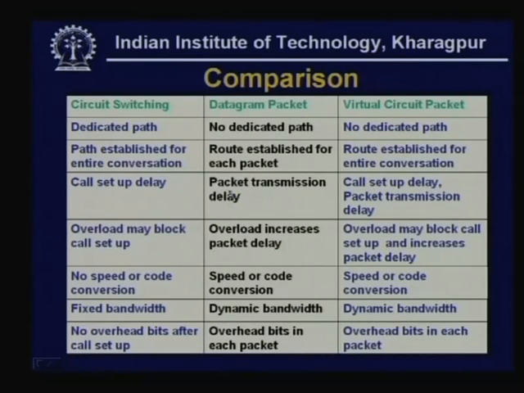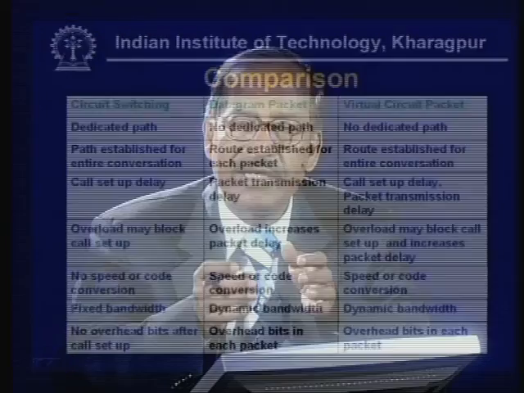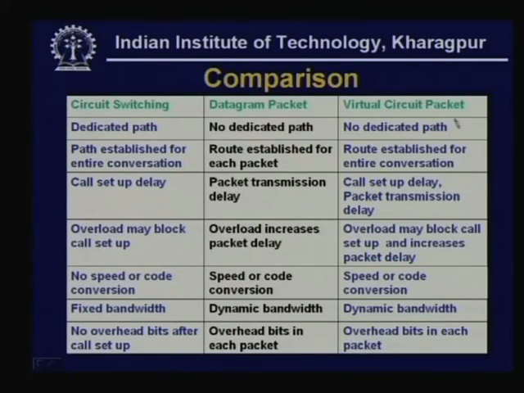In datagram packet switching, we have seen that the packets are stored and then forwarded. If there is a big queue, there may be delay in transmission. So, packet transmission delay is there. In virtual circuit packet switching also there is call setup delay and packet transmission delay.